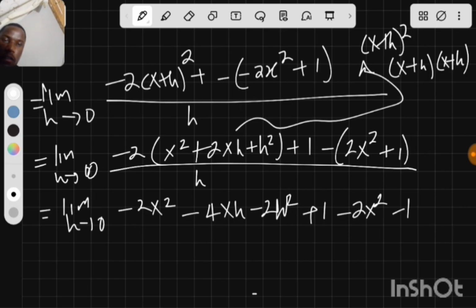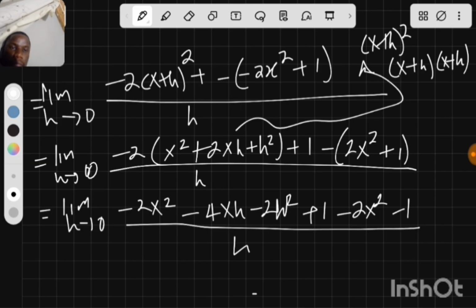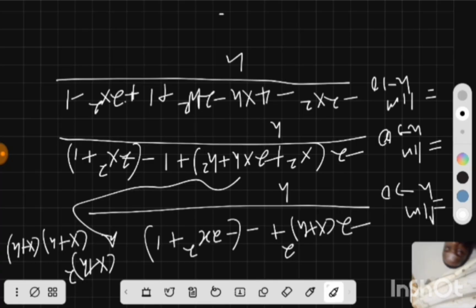minus 1, divided by h. Sorry, there is a minus here, which causes it to be positive. I hope you understand. Then minus 2x squared and plus 2x squared cancel out. Minus 1 and positive 1 cancel out.